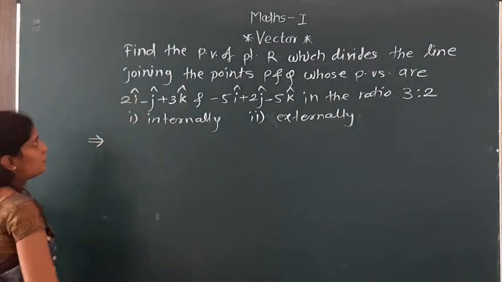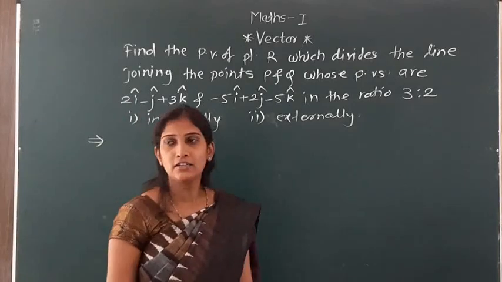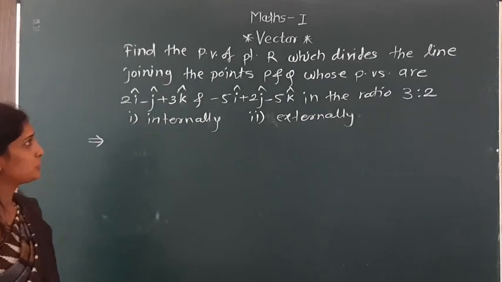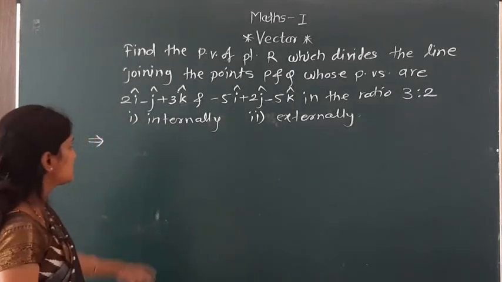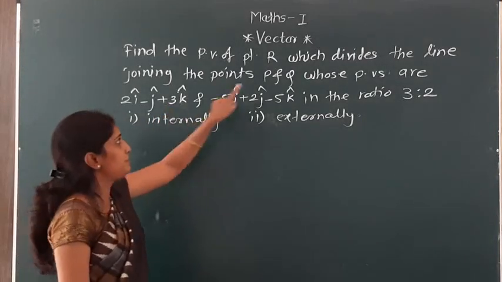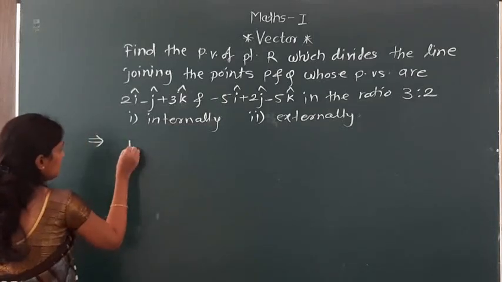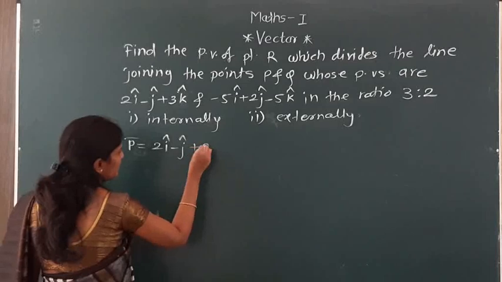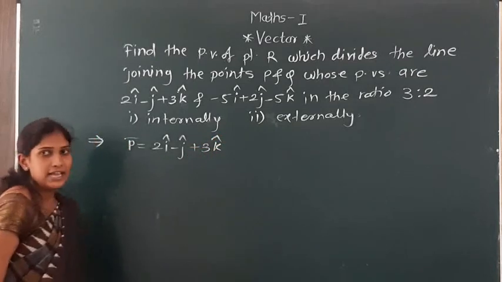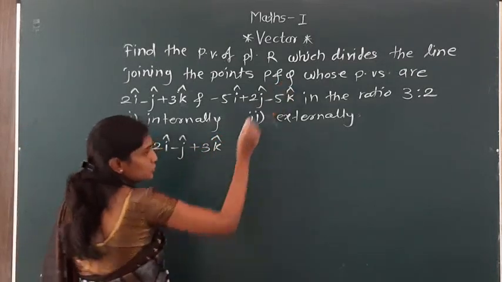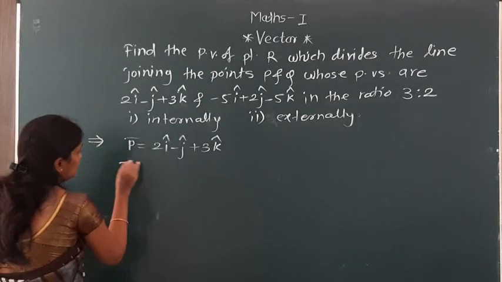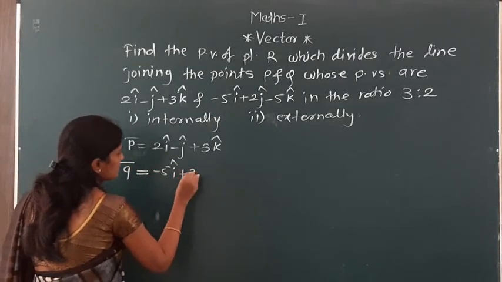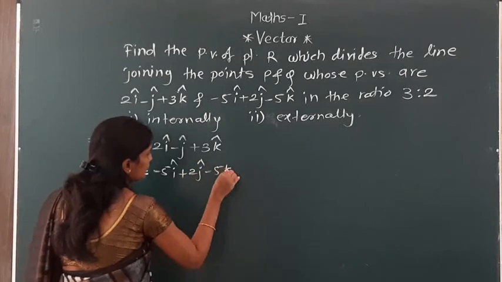So, find the position vector of a point R which divides the line segment joining the points P and Q. This is the position vector of point P, so P bar is equal to 2i cap minus j cap plus 3k cap, and this is the position vector of point Q, that is Q bar is equal to minus 5i cap plus 2j cap minus 5k cap.